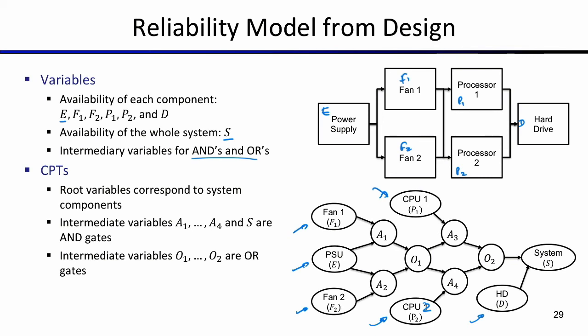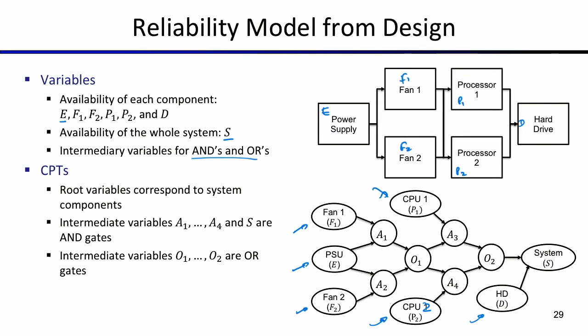The logic of the problem will be implemented into the Bayesian network using AND and OR gates, in a very simple way, based on the interpretation of the RBDs. For instance, for fan 1 to be available, we needed the fan and the PSU to be available.